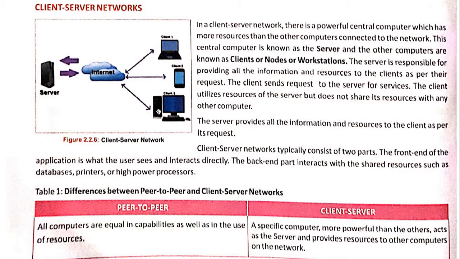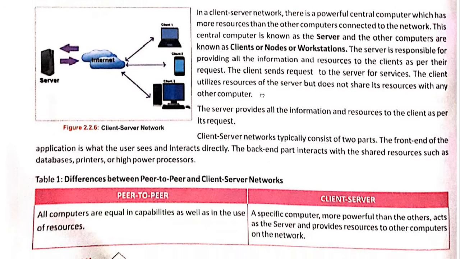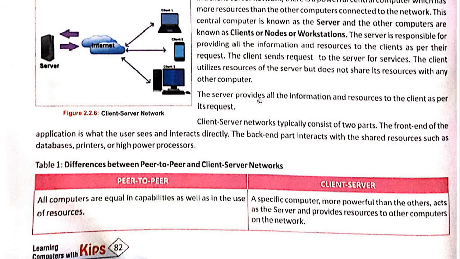When these clients ask for a resource, for example, the internet is an example of such a network. When we connect to the internet, the server provides access to different resources, different pages, different songs, different videos, different documents, like that.